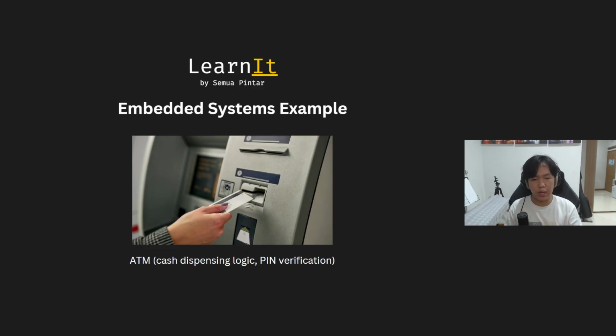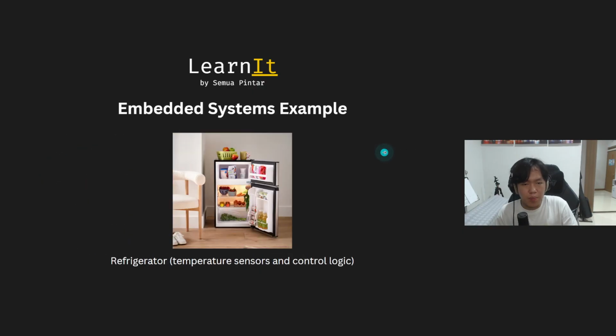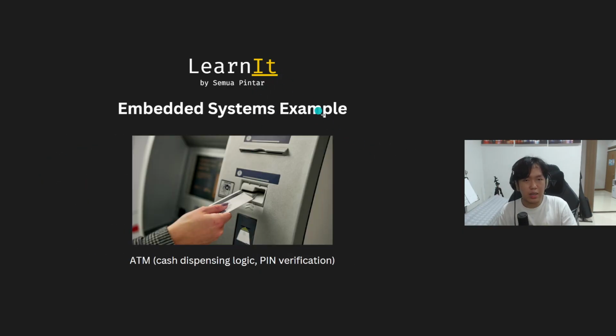The small system is algorithms which help dispense the cash and verify the PIN, stuff like that. So those are what embedded systems are. They are basically systems inside a larger system. There are many examples of these in our day-to-day life. You can find them anywhere around you these days. So those are embedded systems.